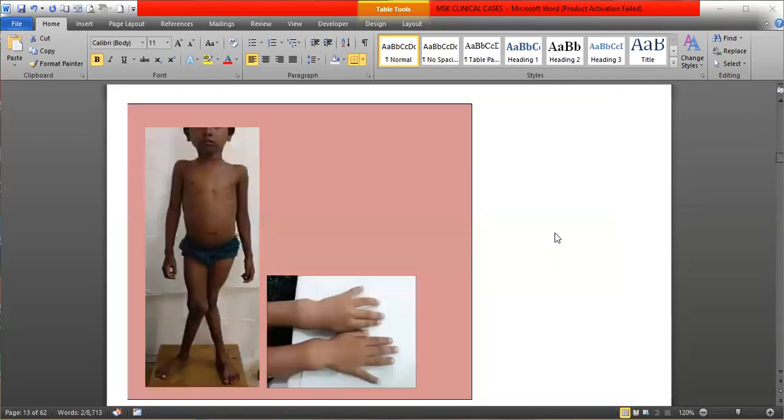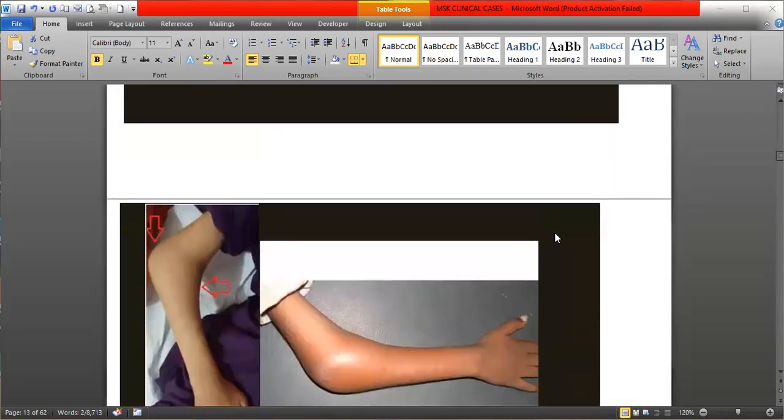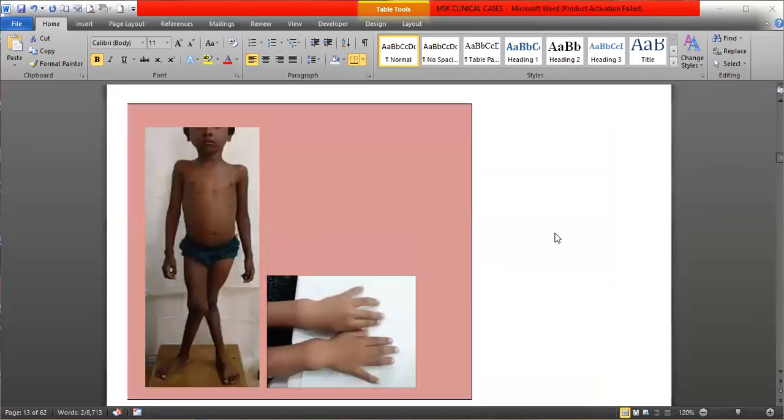Dr. Pranav, for that Sprengel anomaly, Klippel-Feil anomaly, what would be the common questions they can ask? After diagnosis, they will ask the differential diagnosis. After that, they'll ask what investigations you want. Clinical signs you need to describe: what movements are restricted, whether any wasting or deformity is there. All these findings are important.